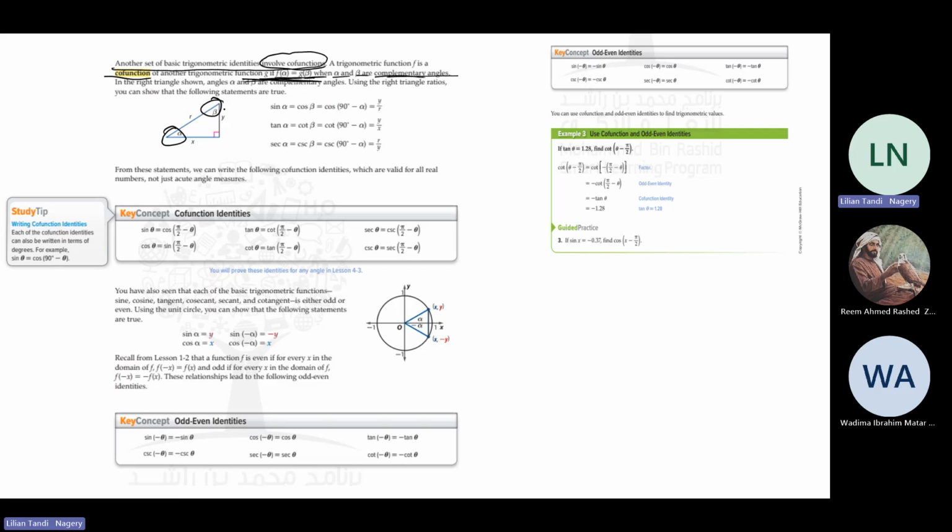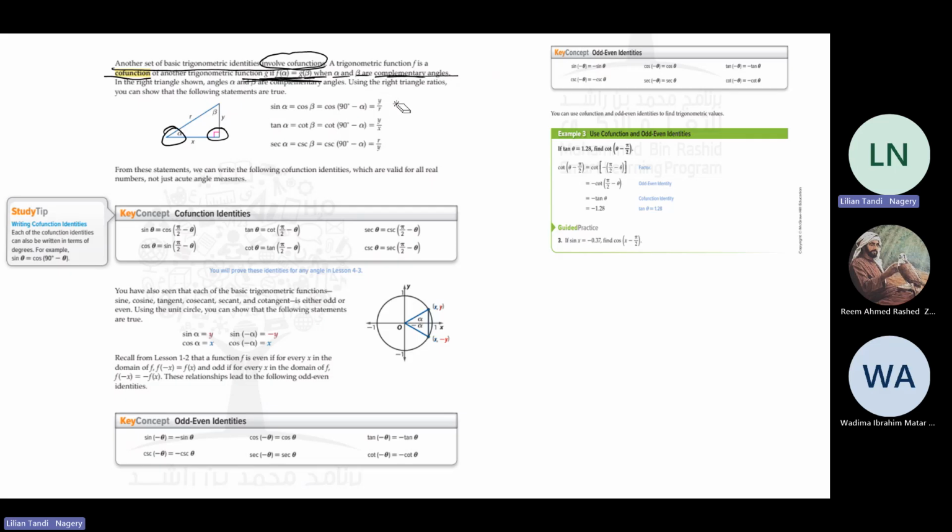Because we know the 3 angles in a right triangle must add up to 180. If this is 90, these two must also add up to 90. Using the right triangle ratios, you can show the following statements are true. Sine of alpha equals cos of beta, and cos of beta equals cos of 90 minus alpha.